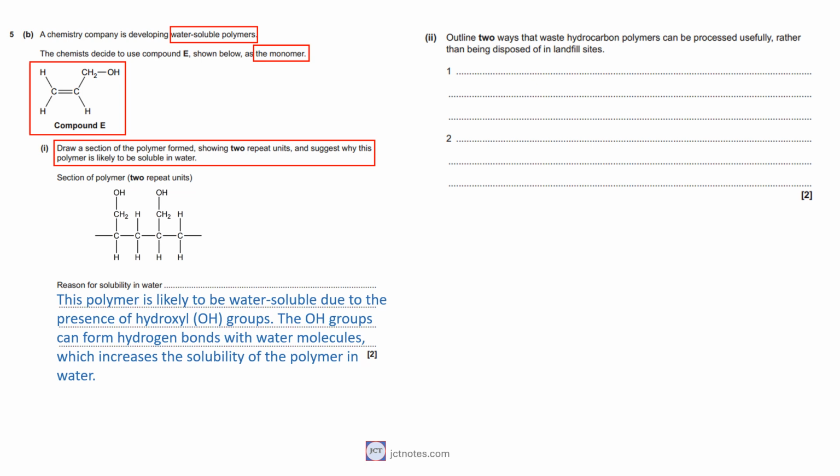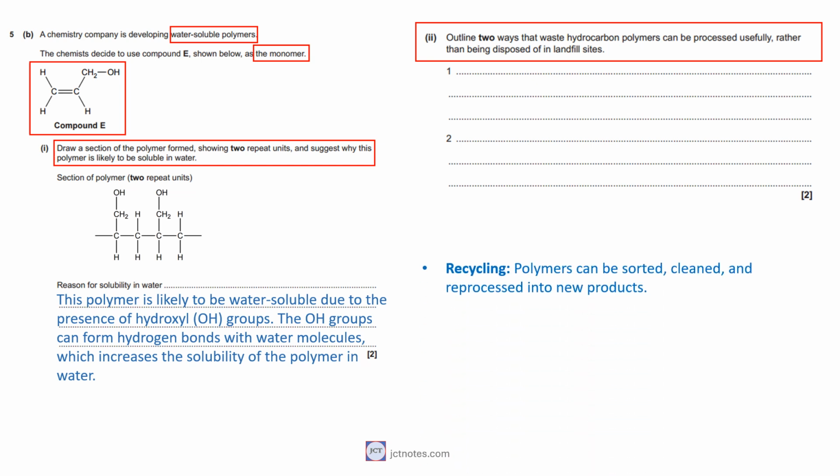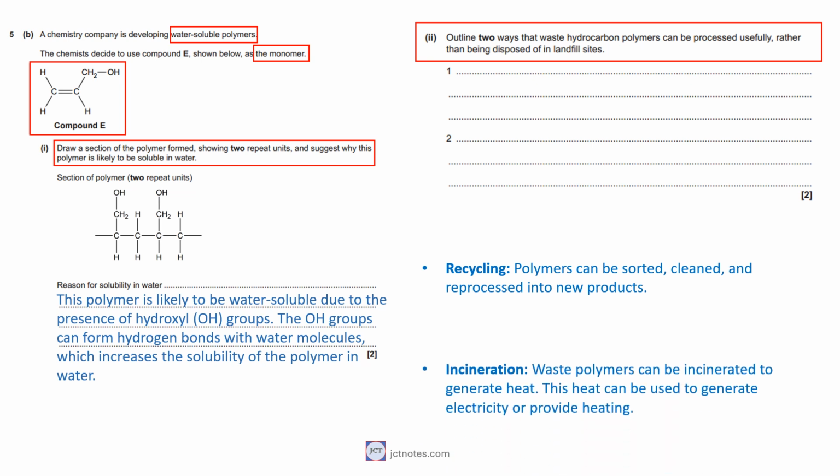In the second question, we need to outline 2 ways that waste hydrocarbon polymers can be processed usefully, rather than being disposed of in landfill sites. There are several effective methods for processing waste hydrocarbon polymers to avoid landfill disposal. Recycling, where polymers are sorted, cleaned, and reprocessed into new products.